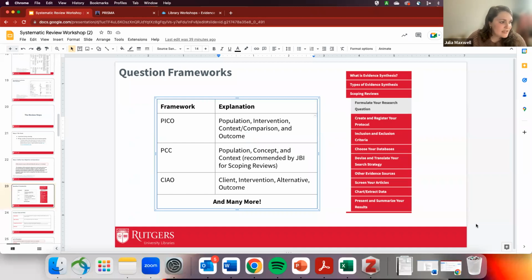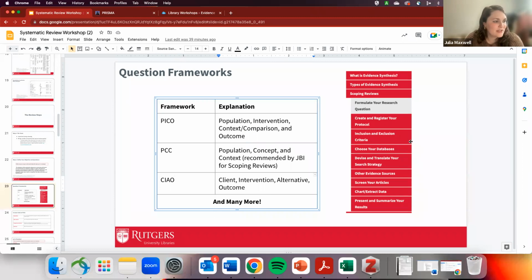Then we have PCC, which is used mostly in scoping reviews. That's population, concept, and context. And then we have CHOW, which is a newer framework that I've been seeing some research methods courses teaching, which stands for client, intervention, alternative, and outcome, which makes sense for those social work professions as well.